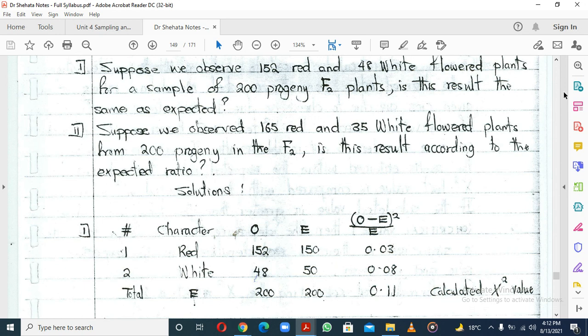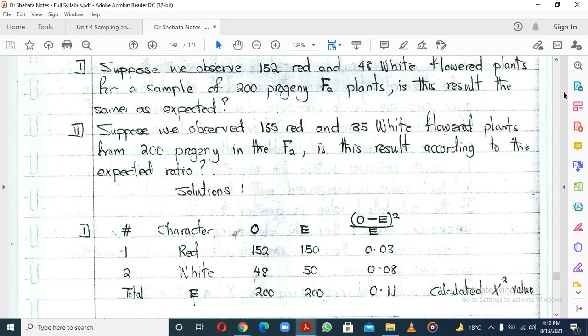Then the other thing you now want to find is the expected number for the white plants. Of course, if the total is 200, then the remainder has to be for that, but let's just do the math. For white it's 1, so it's 1 over 4 times 200, and you get 50 there, right?